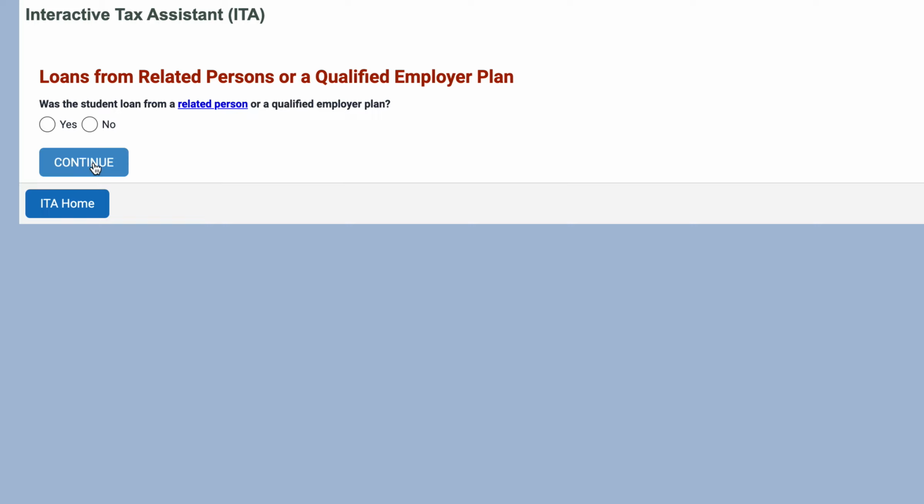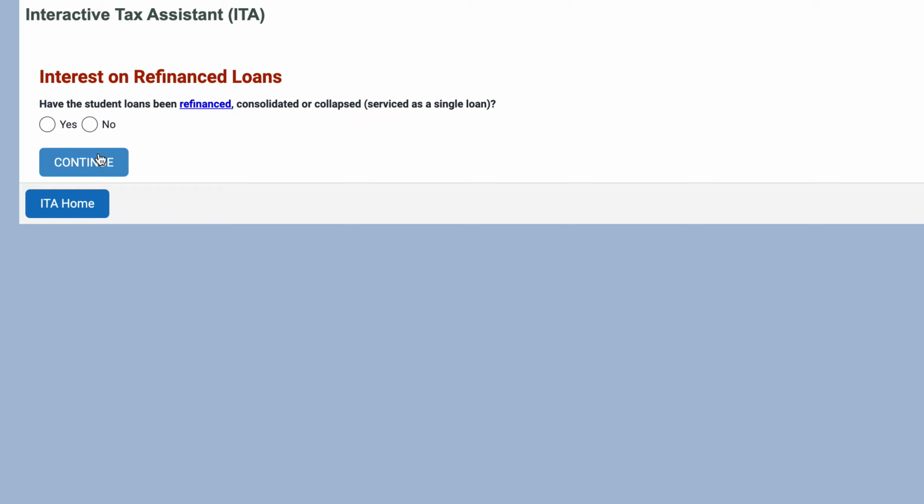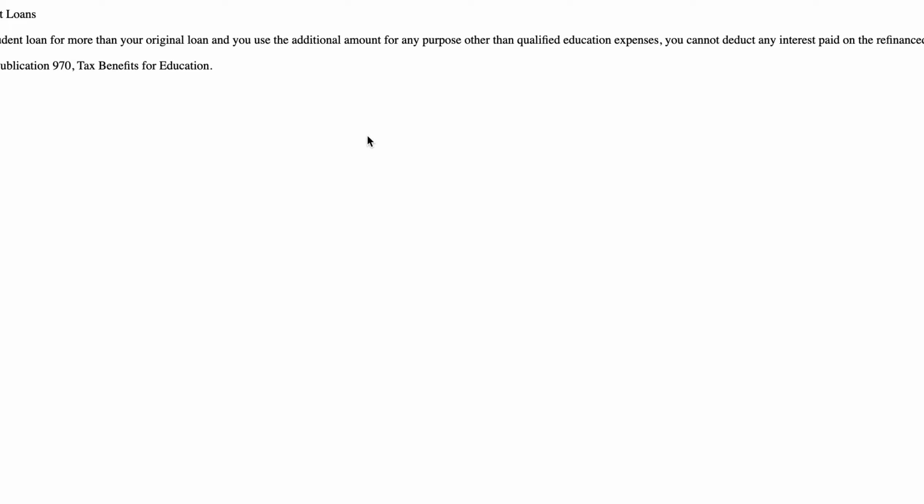So now, the next question is, was the student loan from a related person or a qualified employer plan? So let's say no, most student loans are not from either of these situations. So let's just say, have they been refinanced, consolidated, or collapsed? Like, have you refinanced your loans or consolidated them into one loan? So if you do refinance for more than your original loan and you don't use the additional amount for educational purposes, then you can't deduct any of the interest that you paid on the refinanced loan.